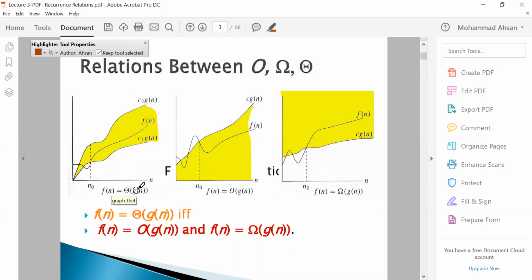So the first one is your theta, where f(n) lies between c1 g(n) and c2 g(n), for two constants c1 and c2. The second one is f(n) is less than c g(n), and the third one f(n) is greater than c g(n). So if f(n) is greater, you use omega.